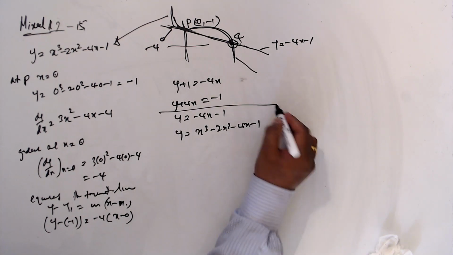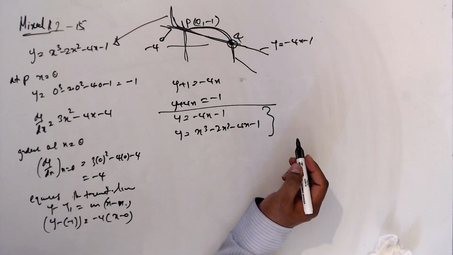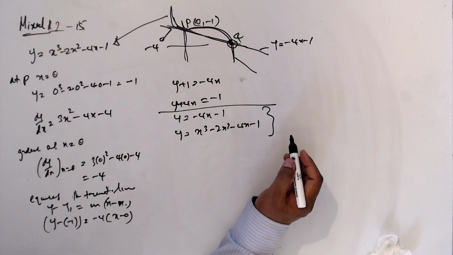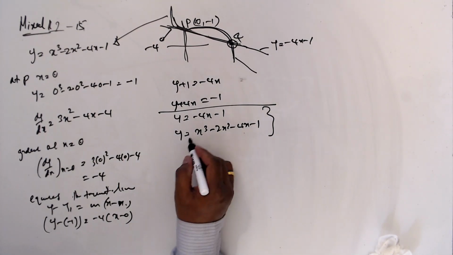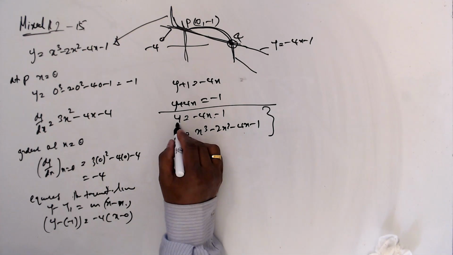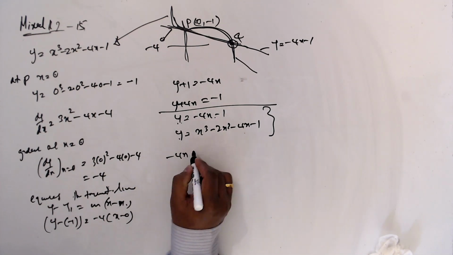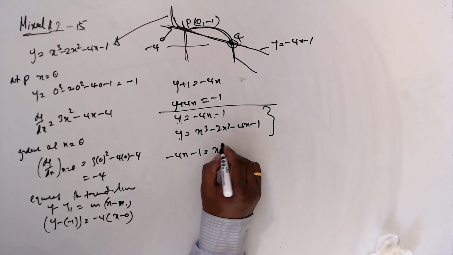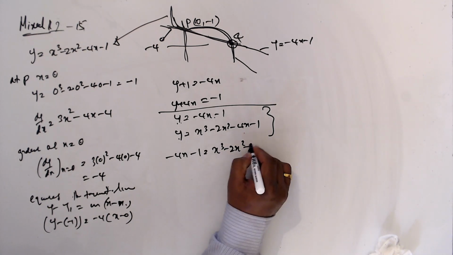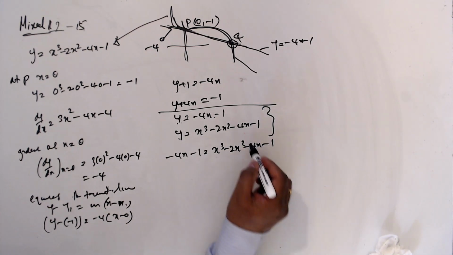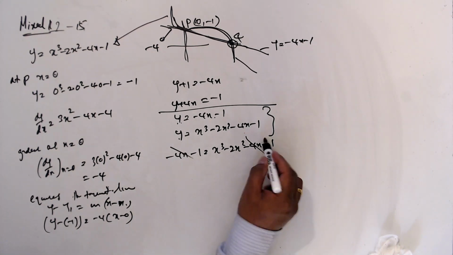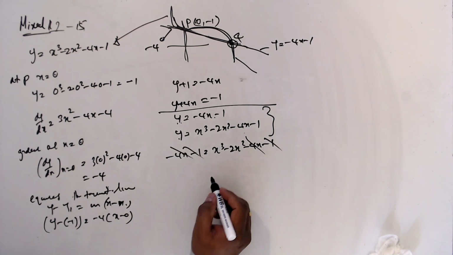Now I have to solve these simultaneously. So I will make those two equal, y and y. So minus 4x minus 1 equals x cubed minus 2x squared minus 4x minus 1. So I can see minus 4x minus 1 cancels out.